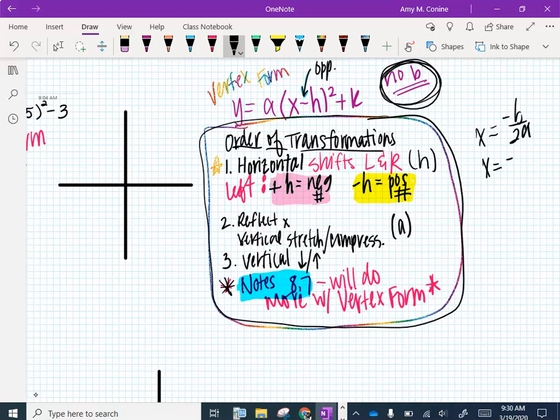So a good example is when we have a positive b over 2a and we have a negative b over 2a. We say opposite because these signs are going to change, right? So that's the same idea here. So when you have a negative, it is a positive number. That's going to be a right shift. Okay, so we're going to shift right when it's a minus h, and we'll shift left when it's a plus h.